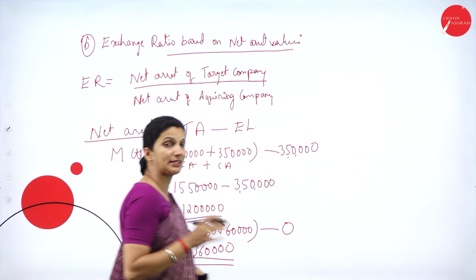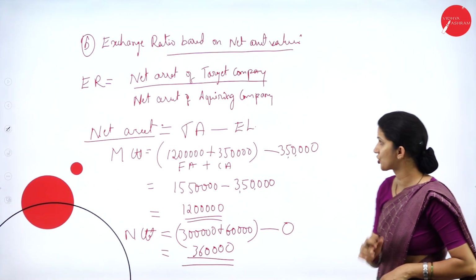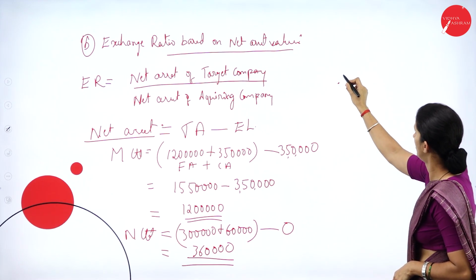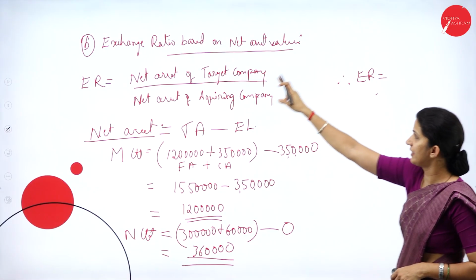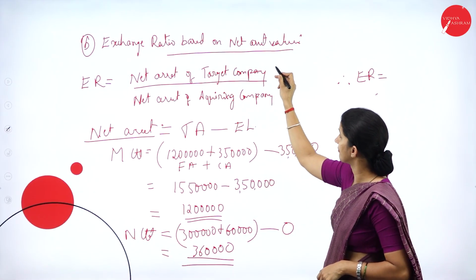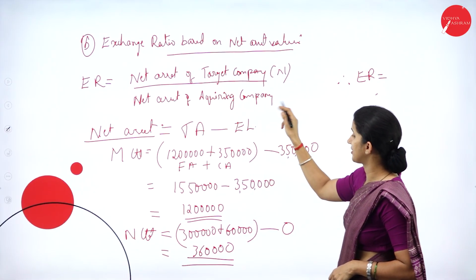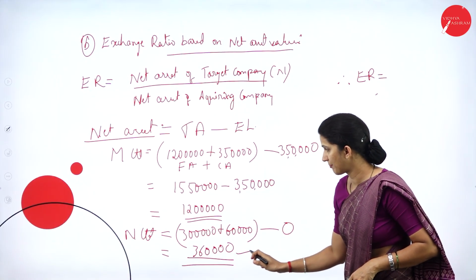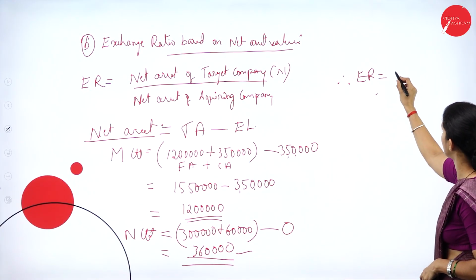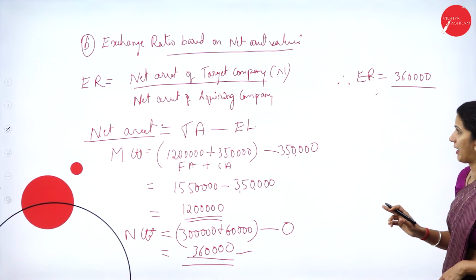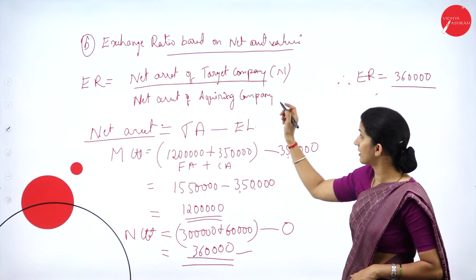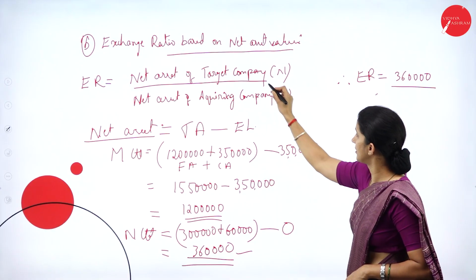So now we will calculate the exchange ratio. Therefore, exchange ratio is equal to the net asset of the target company, which is N Limited, that we have is 3,60,000, divided by the net asset of the acquiring company, which is M Limited.